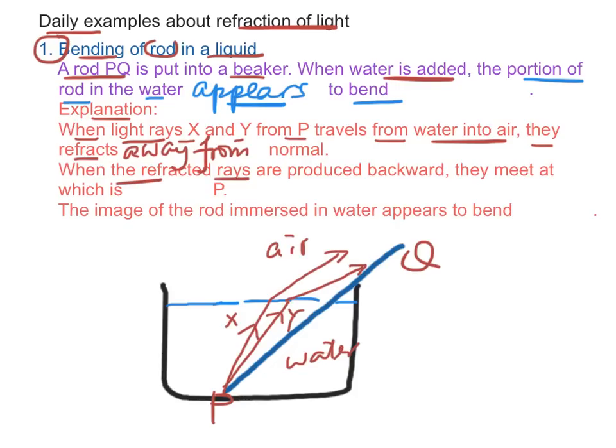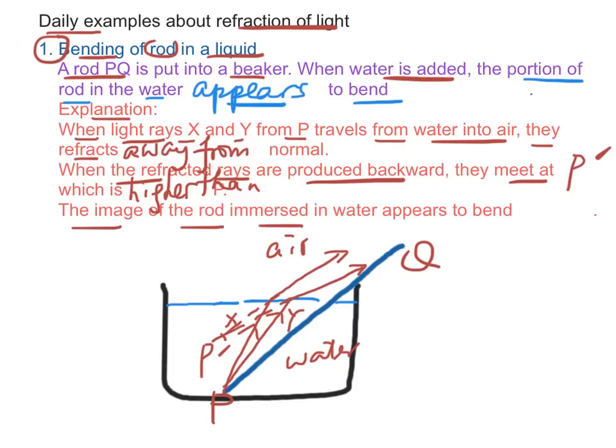When the refracted waves are produced backward, they meet at a point P', which is higher than P. The image of the rock immersed in water appears to bend in the way shown.